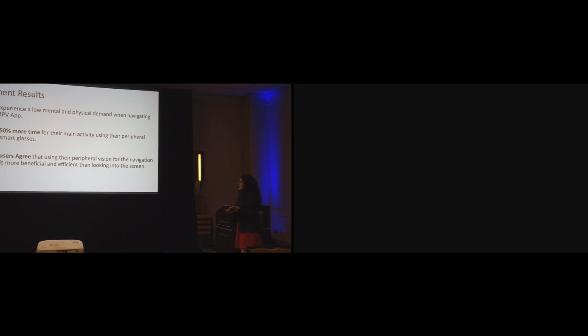We did a simple t-test, and we figured out that there was a significant difference between the 2 paired sample datasets for both indoors as well as outdoors. Basically we took the amount of time looked into the screen to figure out that users save at least 50% more time for their main activity using this peripheral vision, and most of the users agree that they really benefited from using such an app.